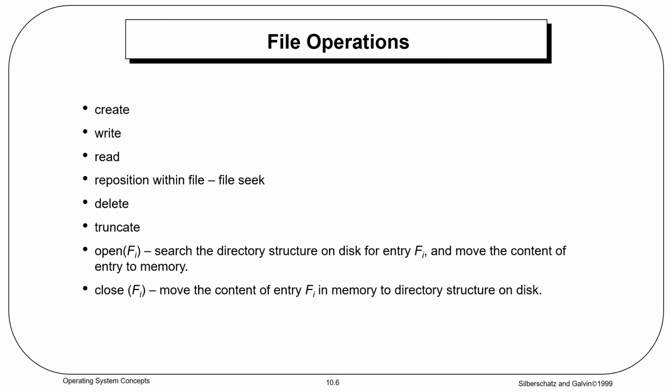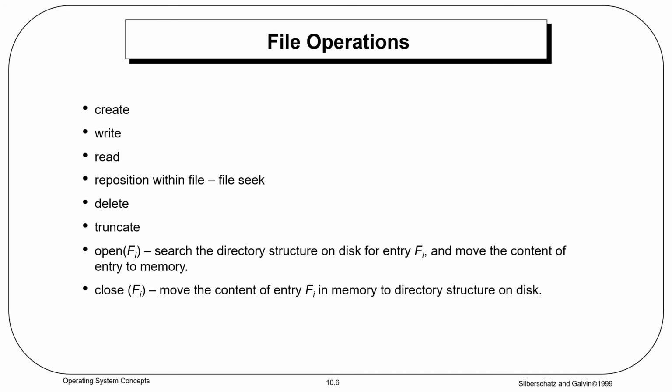Now let us see truncating a file. The user may want to erase the content of the file but keep its attributes. Attributes will not be deleted. Only content in that particular file will be deleted.